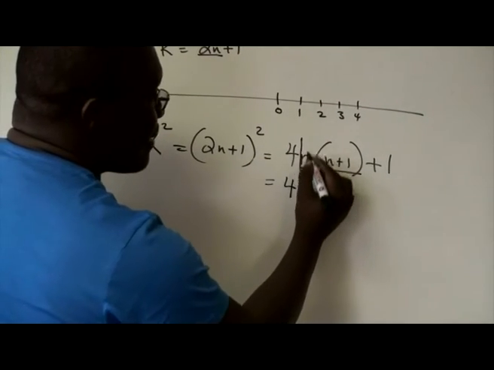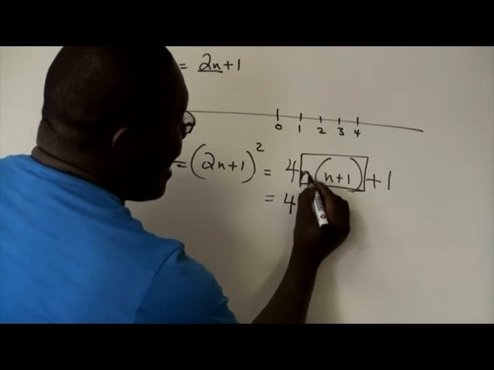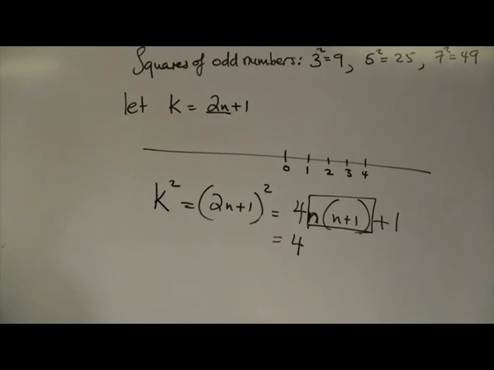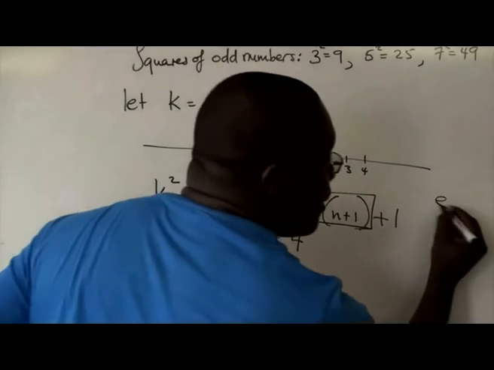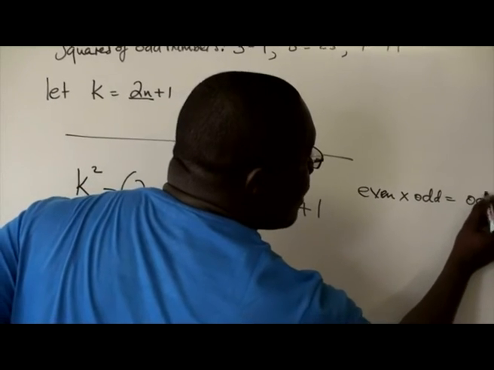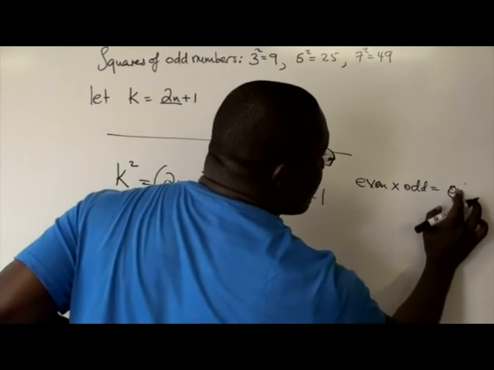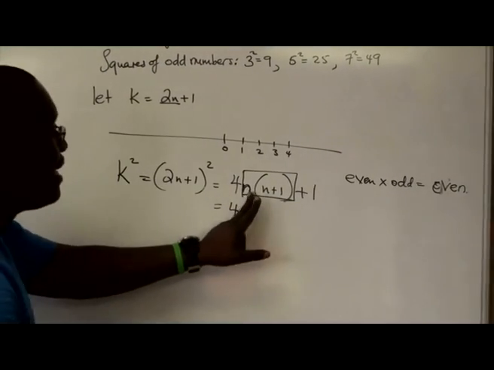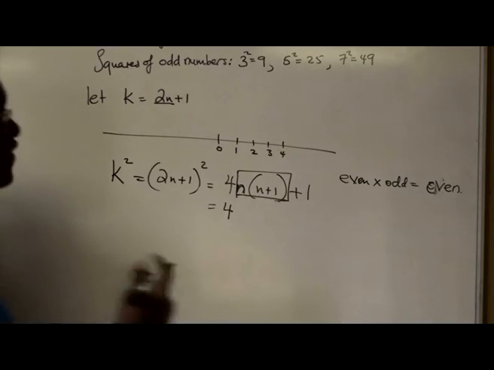Now this part, you are guaranteed that n times n plus 1 is going to be an even number, because even times odd is going to be even at all times, okay? It's going to be even at all times. So you're guaranteed that n times n plus 1 will be even. Why?